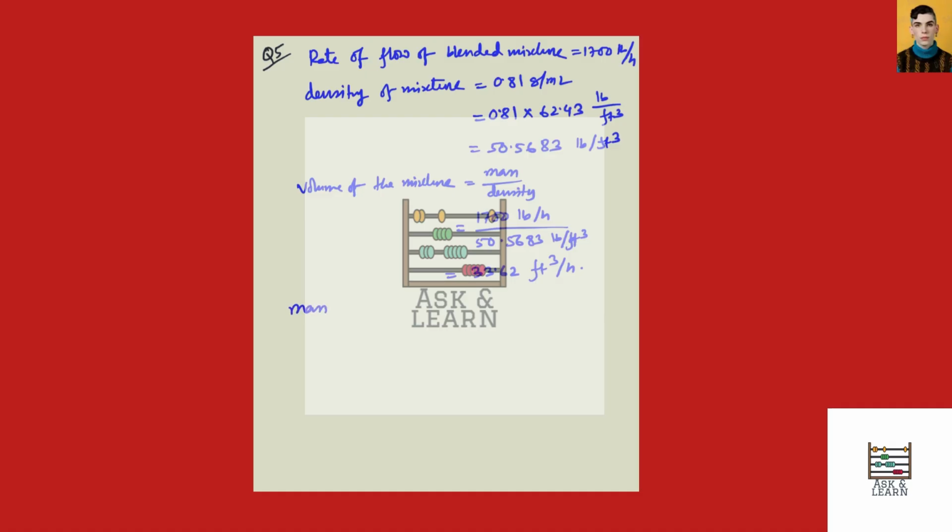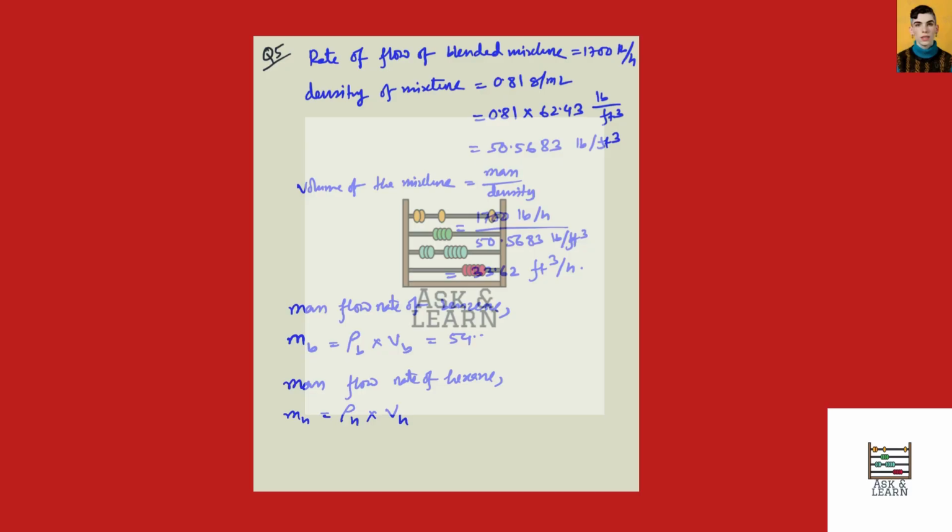Now we can calculate the mass flow rate of benzene. The mass flow rate of benzene, MB, is equal to the density of benzene multiplied by the volumetric flow rate of benzene, and the mass flow rate of hexane is the density of hexane multiplied by the volumetric flow rate of hexane.